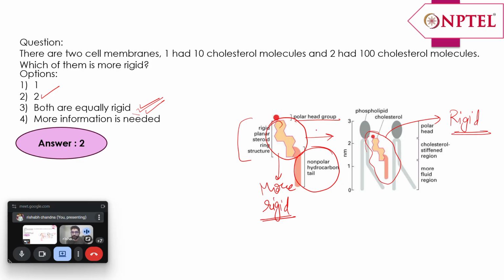So it makes them less fluid. Okay, so that means a membrane that has fewer cholesterol molecules will be more fluid as compared to the membrane that has a high number of cholesterol molecules. So this will be less fluid.